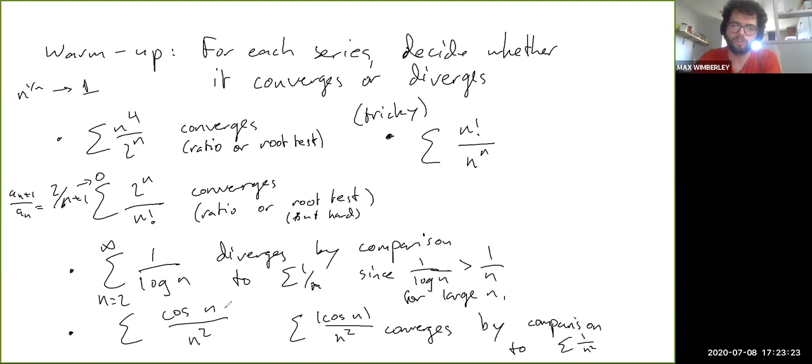You can't directly compare this one to 1 over n squared by just saying cosine of n is less than or equal to 1, because there are a lot of other functions that are less than or equal to 1, like negative n, which achieve large negative values, and that would cause the series to diverge. So it's really the fact that these are all non-negative numbers in this case. And then you can compare those to this one and say, since these are all non-negative and these are all non-negative, this one converges and is bigger.